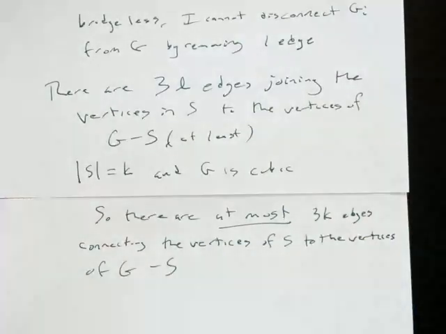Okay, wait a minute. That means there are at most 3k edges. k vertices, all of degree 3. Maybe they all connect to G minus S, with every edge that comes out of the vertex in S going to a vertex in G minus S.